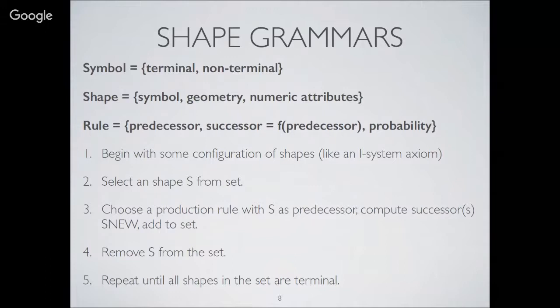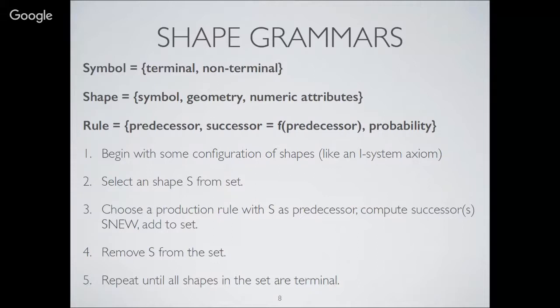In general, what's my transformation? And you can really include whatever metadata you'd like if it's involved in your grammar production process. Finally, symbols can be terminal or non-terminal. Terminal and non-terminal are used to indicate whether or not your shape can have any more rules applied to it.